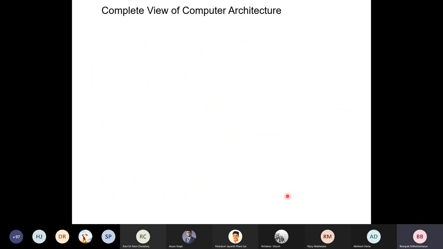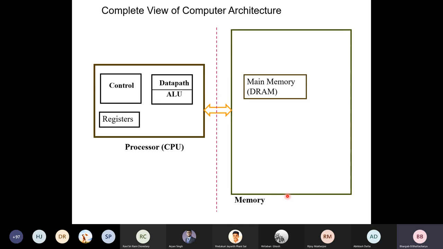Let me present before you a complete view of computer architecture. On the left-hand side, you see the basic components in the processor. You have several registers, for example, in MIPS architecture there are 32 registers, which are already resident on the chip.